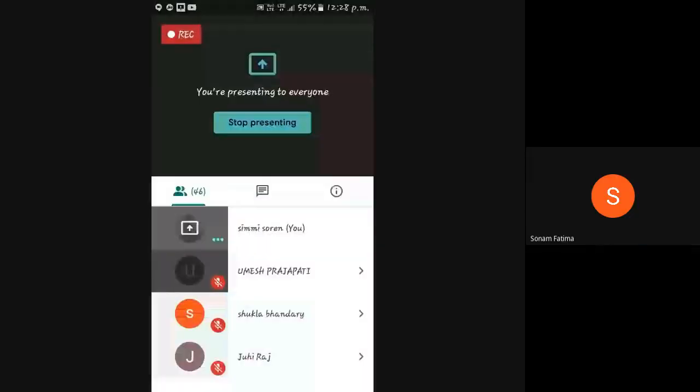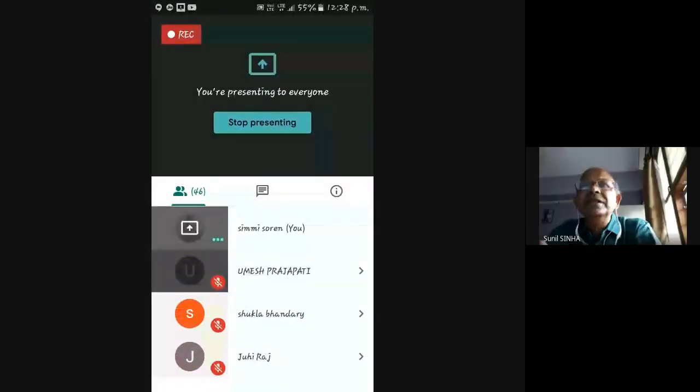So the point is that the adjective derivational suffix ER can be added to an adjective, and it can be added only to an adjective, not to a noun or a verb. But look at this.